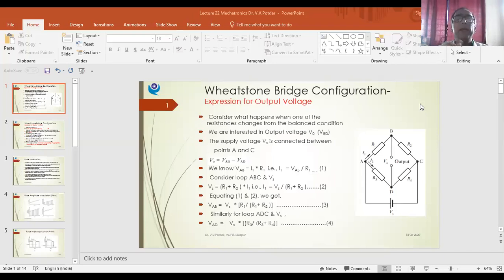Remember, we are into second chapter, that is Unit 2, signal conditioning devices, and in signal conditioning devices, we are studying the converting circuits or conversion circuits. And as we discussed yesterday, Wheatstone bridge is one of the conversion circuit.